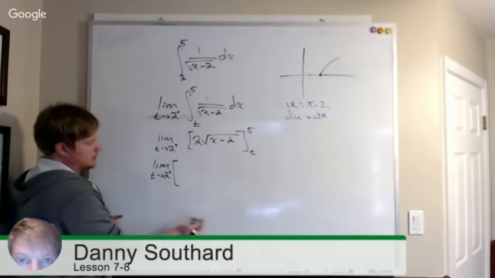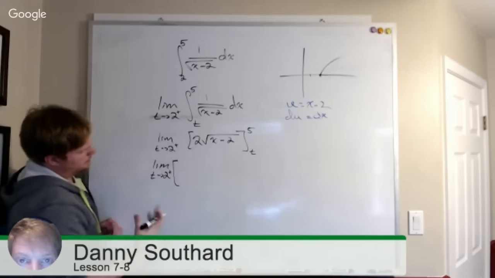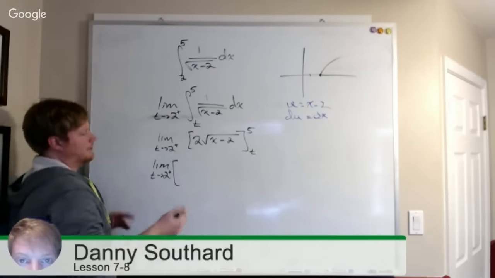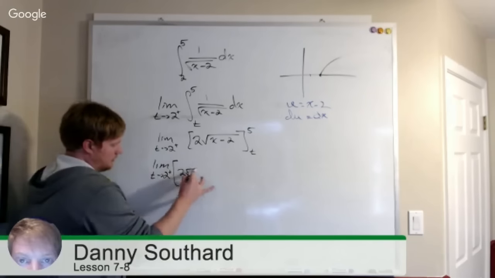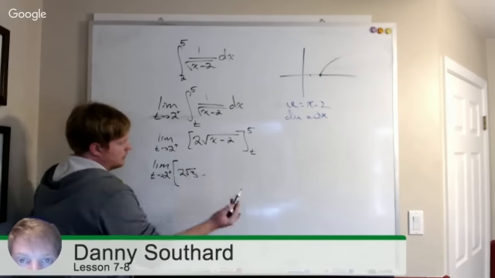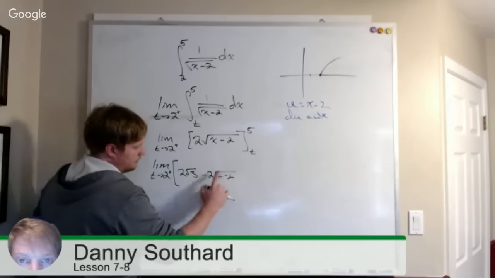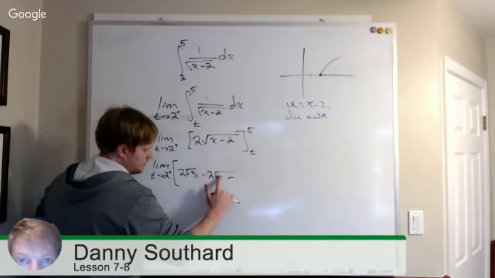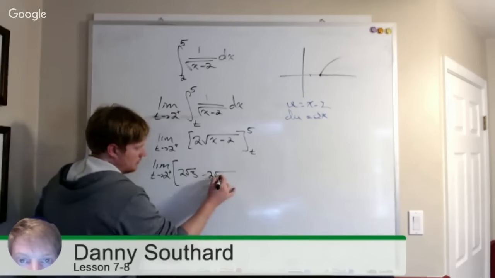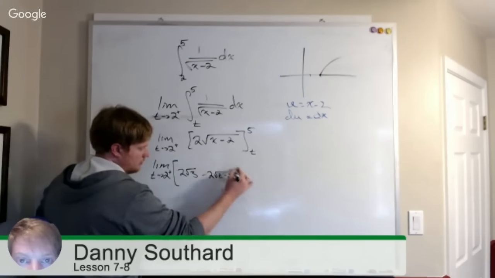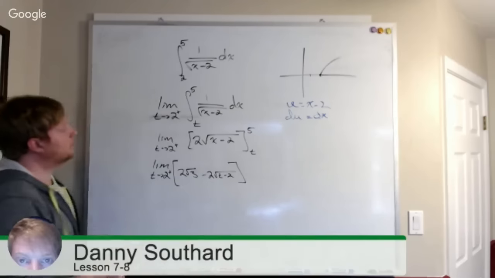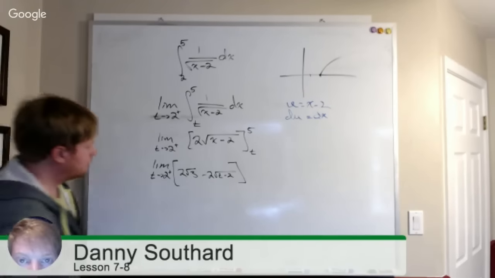So let's see, 5 minus 3, 5 minus 2 is 3. So we have 2 square roots of 3 minus 2 square root of t minus 2. Okay.